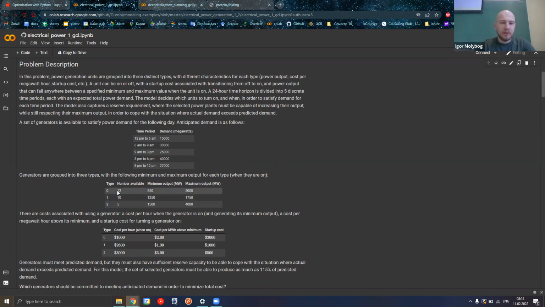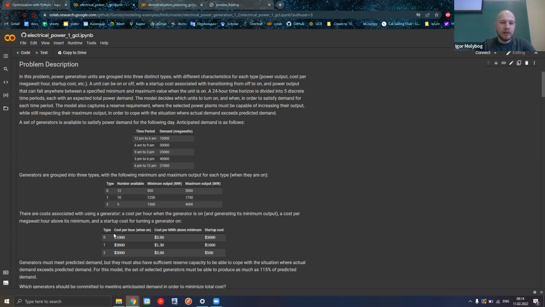For each type, you have a certain number of generators: 12 for type 0, 10 for type 1, and 5 for type 2. You can think about them as a gas generator, a coal generator, and a nuclear generator. For each generator, you have a minimum output and a maximum output, and an operational cost.